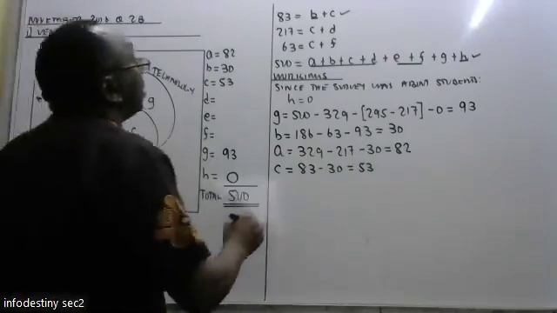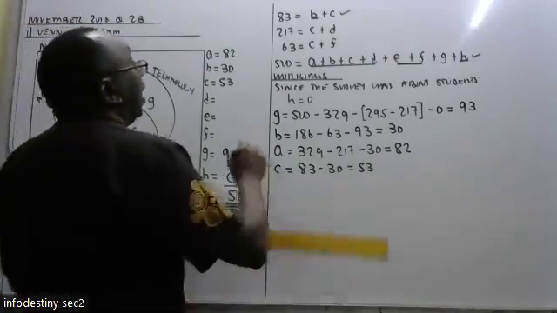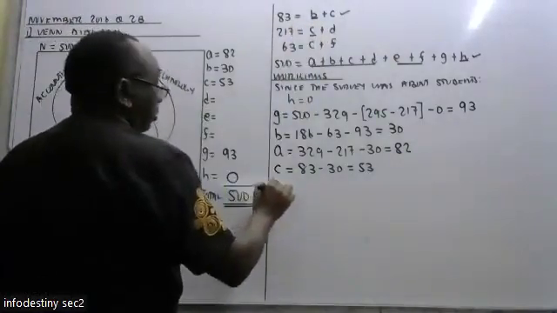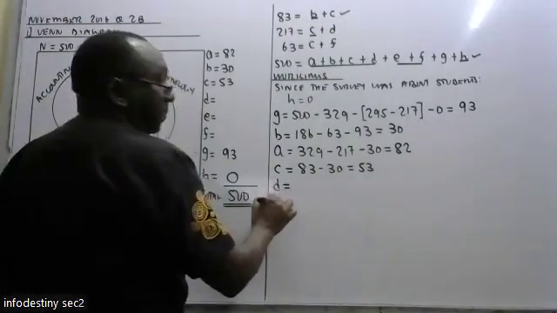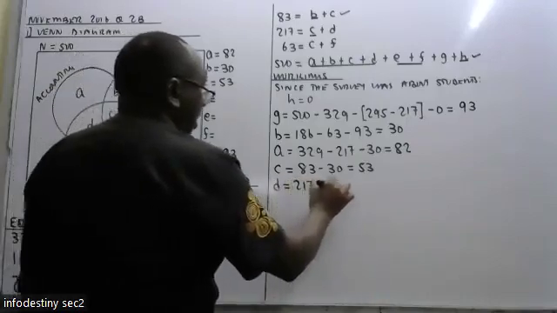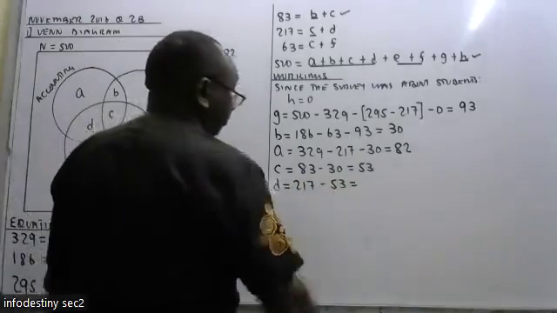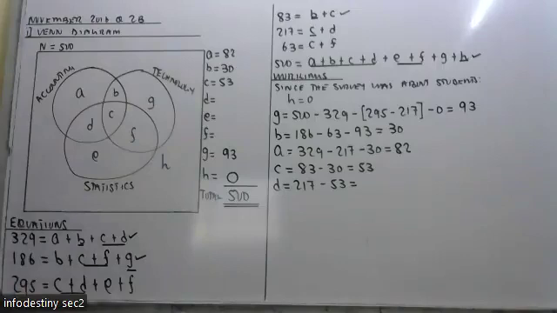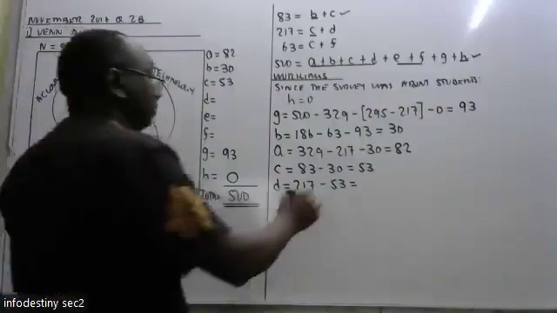From there, I know C now. So I can be able to say that B will be 217 minus 53. 164.